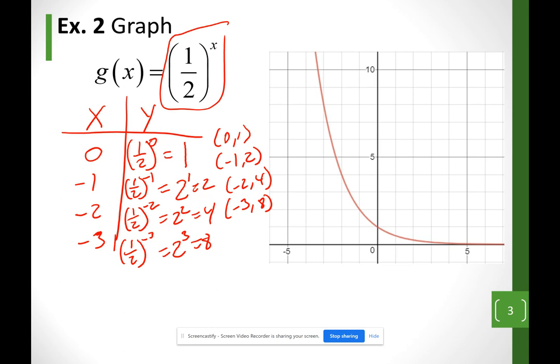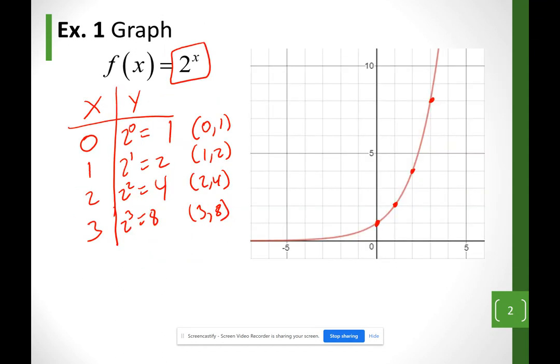Now, a couple of things I want us to think of, because these graphs were very, very similar. When my a value, because remember my a is this one, when my a value was more than 1, look at my function. It looks like it's going up. Because remember, we have two restrictions.